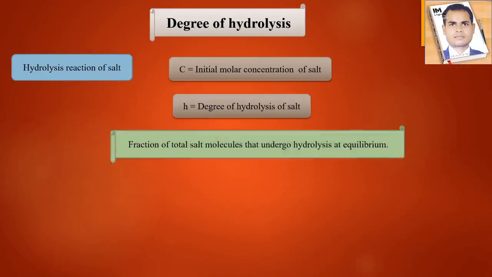Now the definition of degree of hydrolysis: it is the fraction of the total salt molecules that undergo hydrolysis at equilibrium. Whatever the salt molecules there are, the fraction of all the total salt molecules that undergo hydrolysis up to the equilibrium condition.